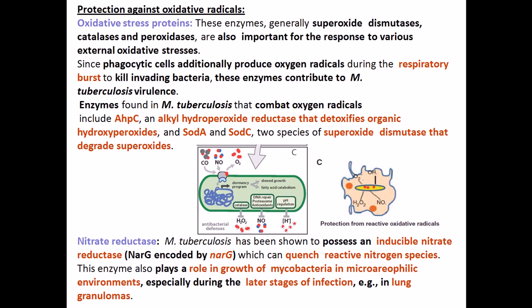This NARG protein helps the bacteria to survive in those conditions, especially during the later stage of infection, when the lung granuloma kind of formation starts to occur, because in those conditions the individual faces difficulty to take up adequate oxygen for their supplement. In those conditions the bacteria get very little oxygen to survive. In those conditions these NARG proteins are helping them to survive in there.